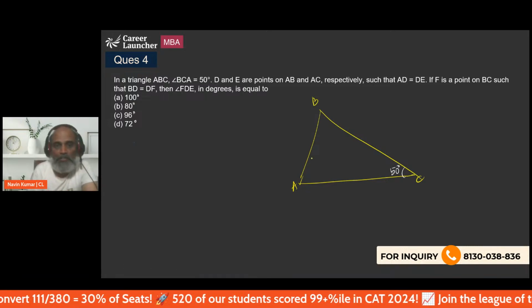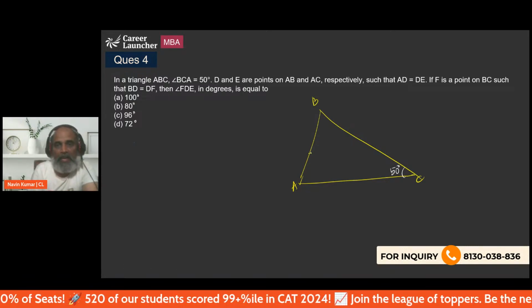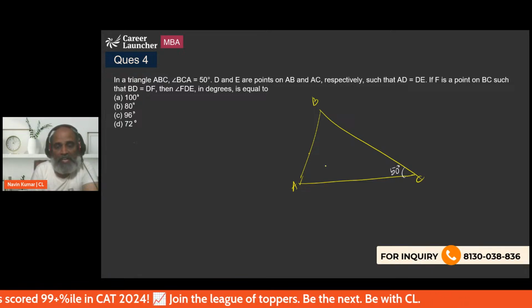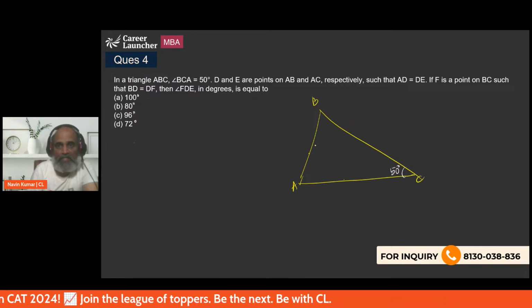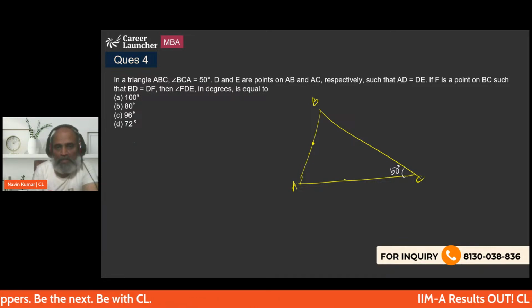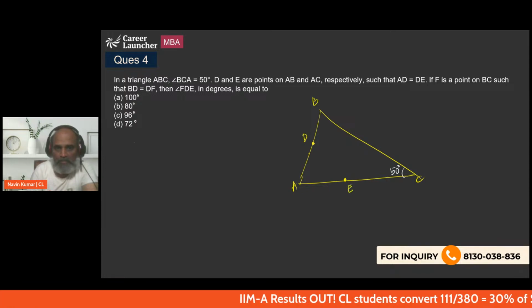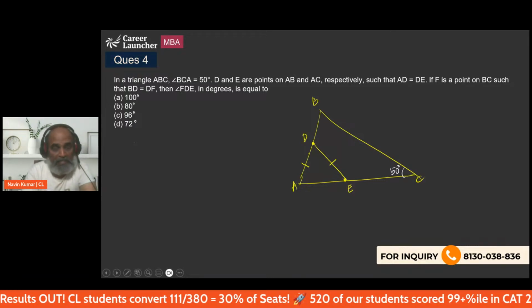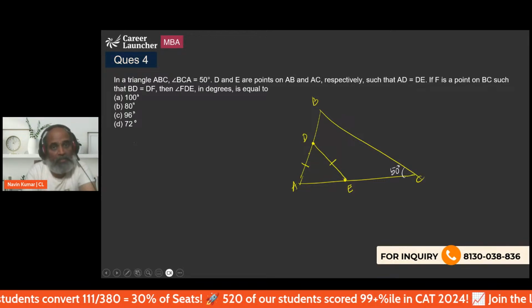Now D is a point on AB, and E is a point on AC, such that AD is equal to DE. So let's say these are the points. And we are told that AD is equal to DE. Equal sides should be represented by equal number of cuts, right?